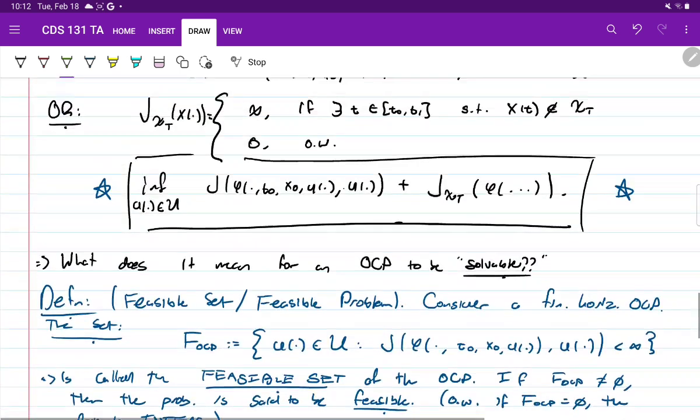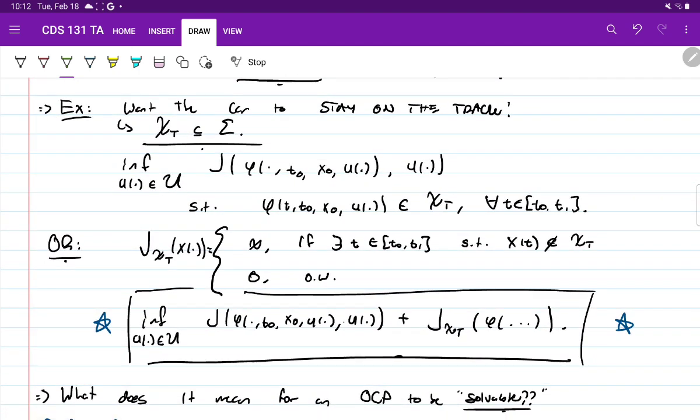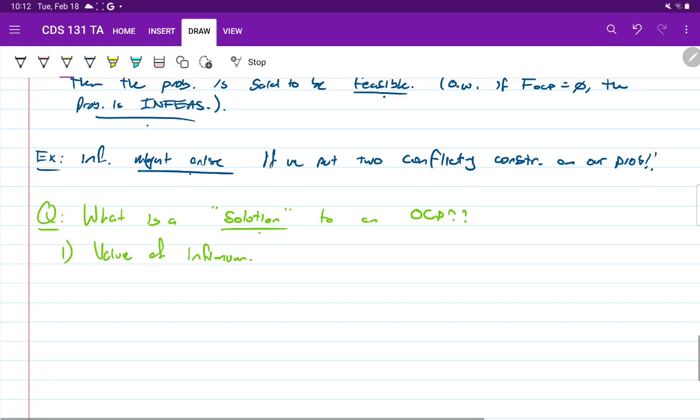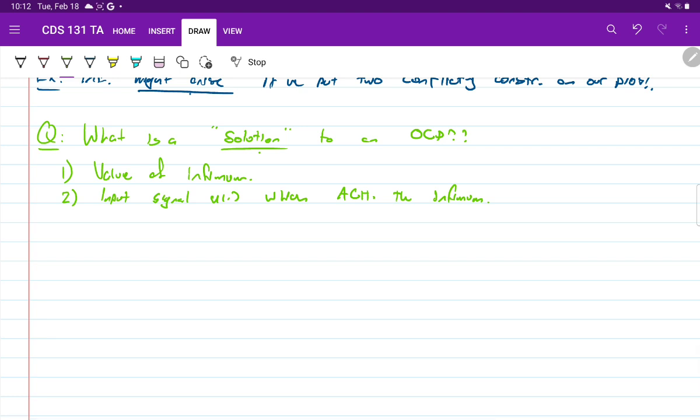Actually, what this infimum, inf over u in U of J, is equal to, right? That's one potential candidate definition for a solution. What else could we have? Well, we could have an input signal u which achieves the infimum. Okay, so that might be a solution to our optimal control problem.